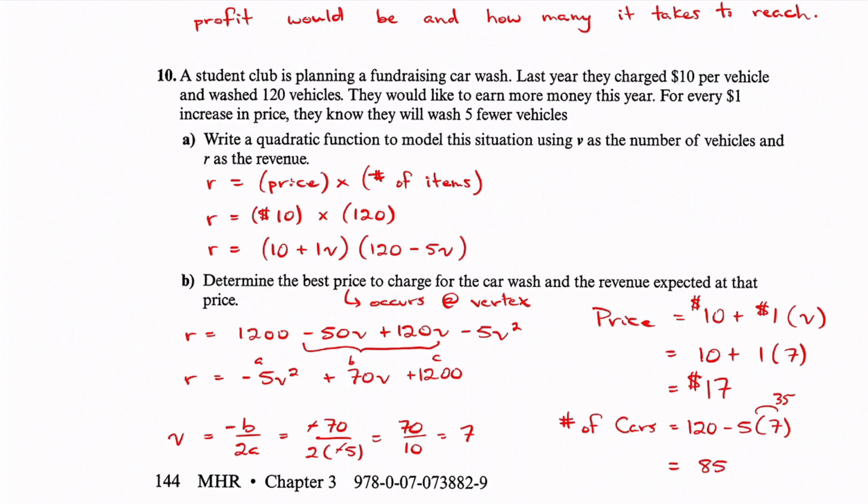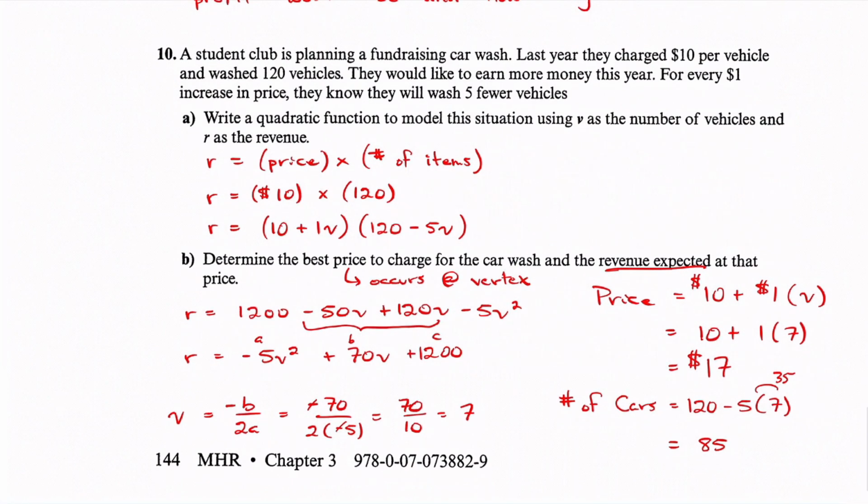And then to answer the expected amount of revenue, if I take the price and multiply it by the number of cars, that's going to give me my revenue. So my revenue will just be multiplying those two numbers, and I get $1,445. So that's how much money they would make. And this right here was the price that we'd have to have in order to reach that max revenue.